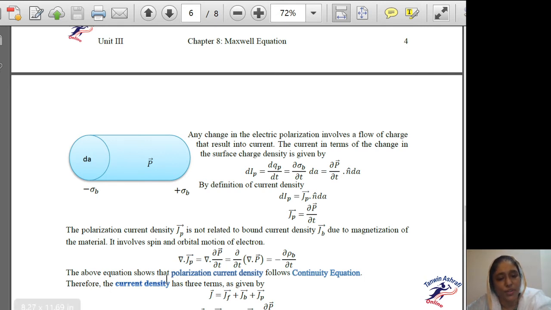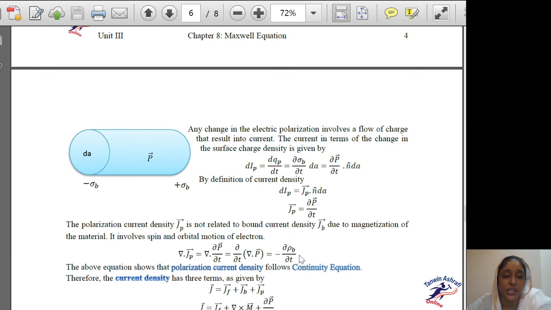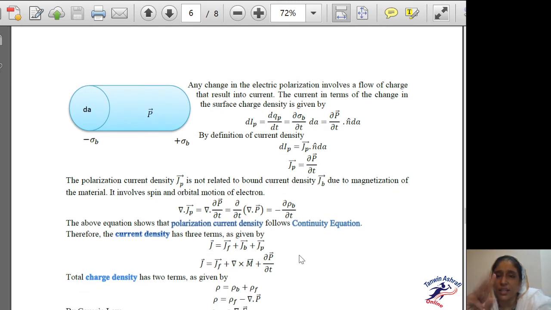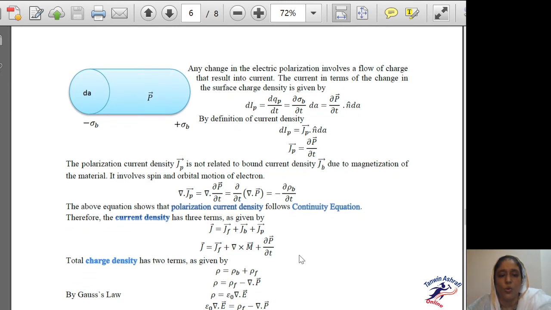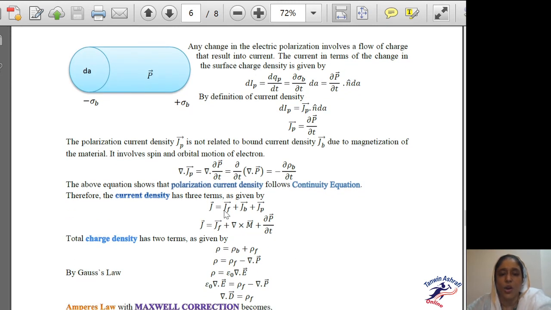The above equation shows that the polarization current density follows the continuity equation. Therefore, the current density now has three terms. First term, free current density. Second term, bound current density. And the third term, polarization current density.